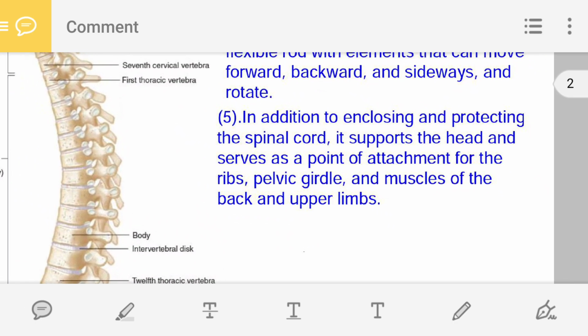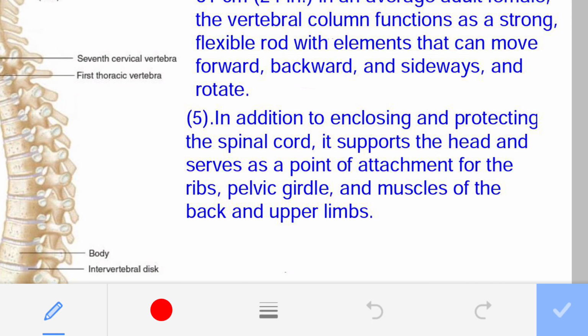So this vertebral column enables us to make certain kinds of movements of our body. Now, what are the other functions of the vertebral column? As I told you earlier, the spinal cord is surrounded and protected by the vertebral column. On top of the vertebral column the skull is present. So the head, our skull or cranium, is supported by the vertebral column. For example, on the first cervical vertebra our head is present.